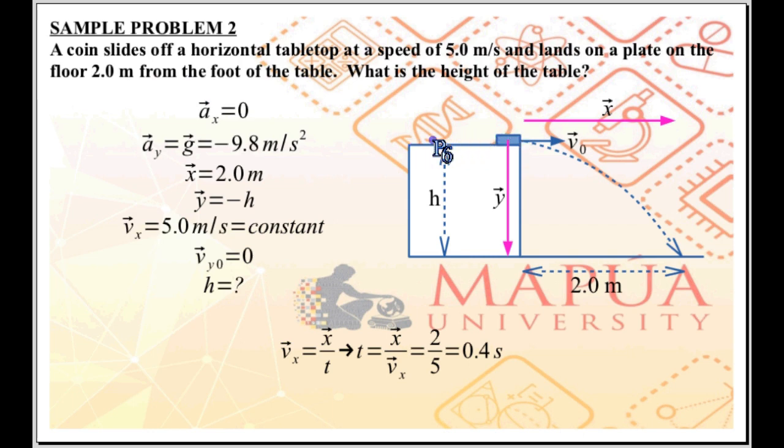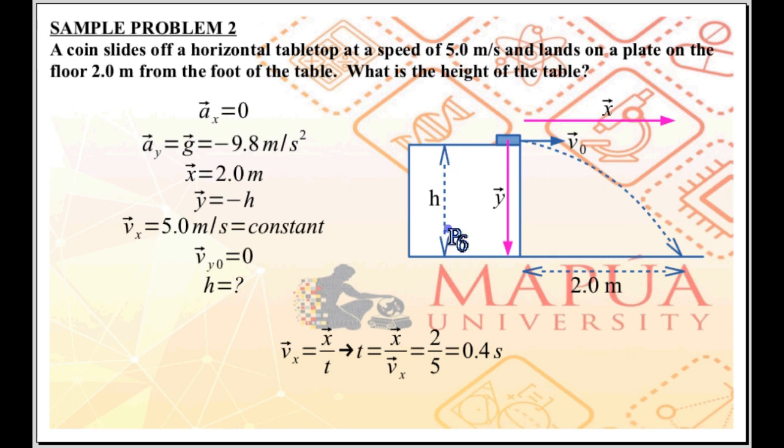You have a coin that slides off the table, undergoes projectile motion, and lands on a plate that is on the floor 2 meters from the foot of the table. What is the height of the table? Let that be height h.